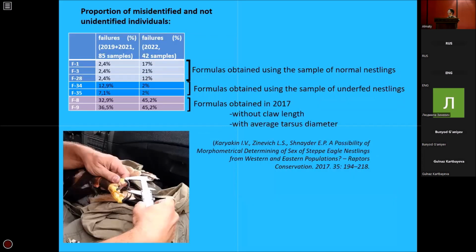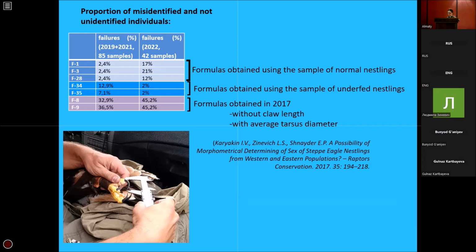And here are the results for different formulas, how many mistakes they make for normal nestlings for 2 years and for these rachitics. These 3 formulas were obtained for normal nestlings, and they work with normal nestlings well, but they make a lot of mistakes on rachitics.